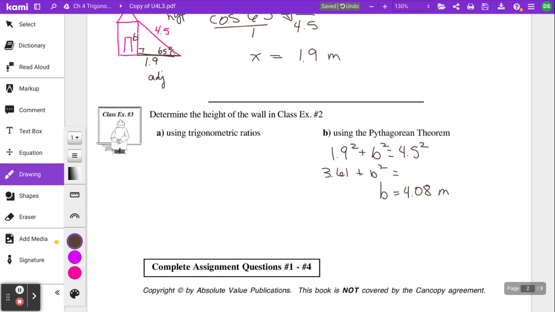It's huge. It's like 16, 17, 18, something. What is it? 20.25. Is that right? Mackenzie, is that right? 20.25? And then subtract 3.61, and you get something funky that has to be square rooted, right?